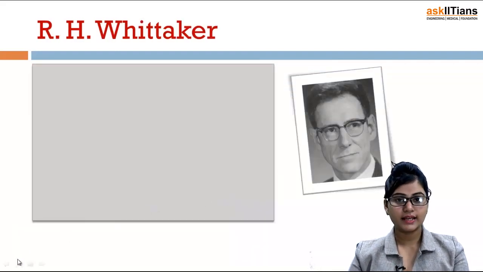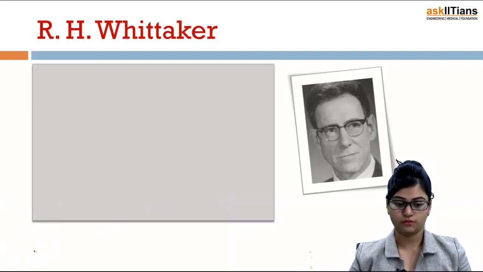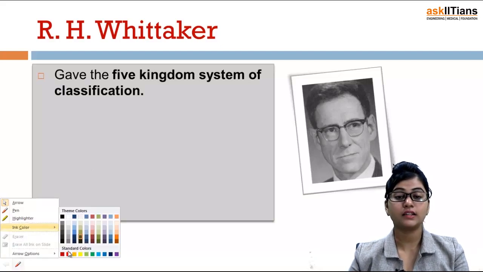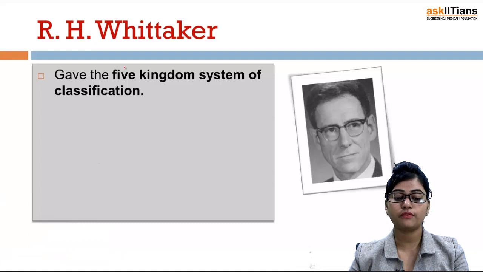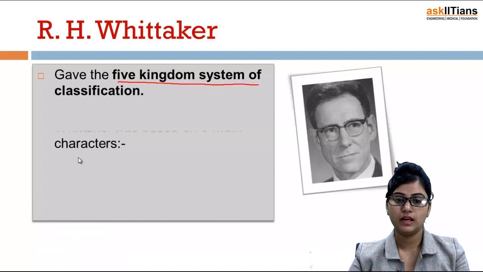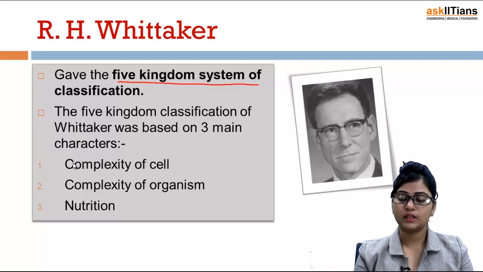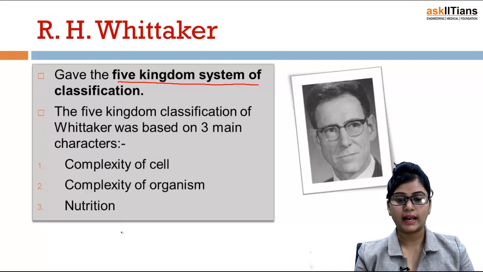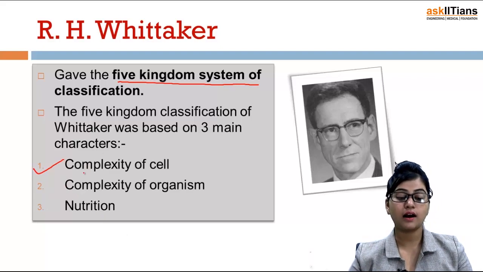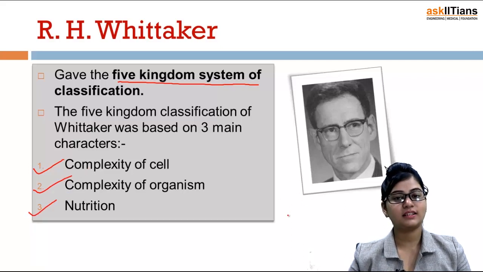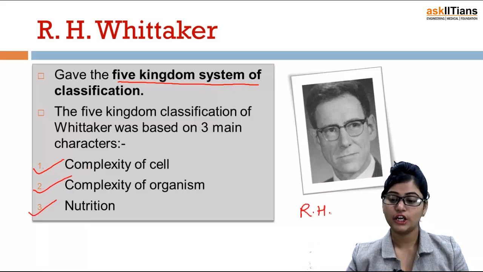Then came the scientist R.H. Whittaker, the most famous scientist. What did he do? R.H. Whittaker gave the 5 kingdom classification. It is the most famous classification system, the 5 kingdom system. The 5 kingdom classification was based on 3 characteristics: complexity of cell, complexity of organism, and the third one is nutrition.